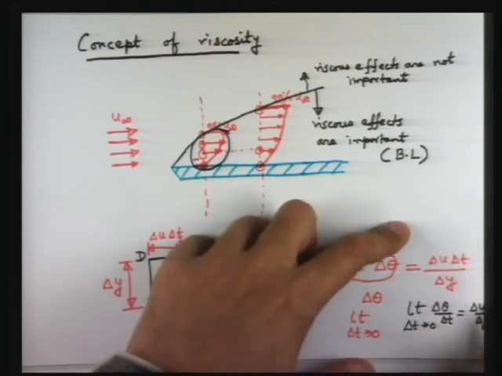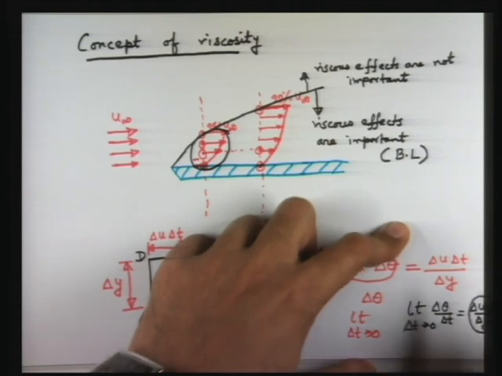And this is also taken in the limit as delta y tends to 0, because we are considering basically fluid layers which are just adjacent to each other. So what is this?